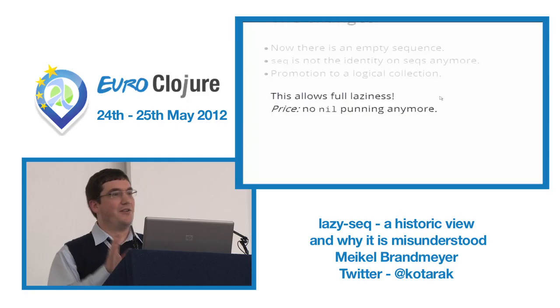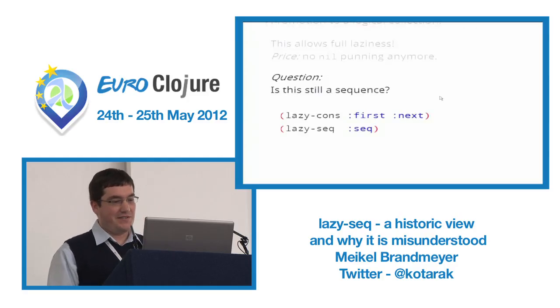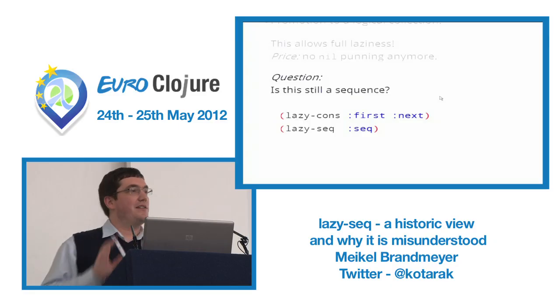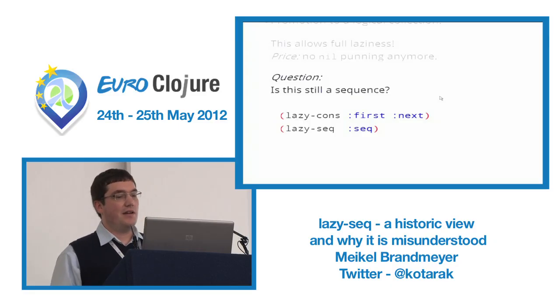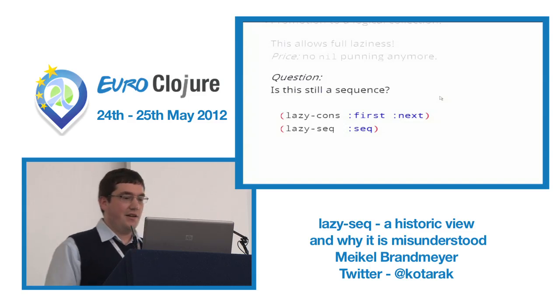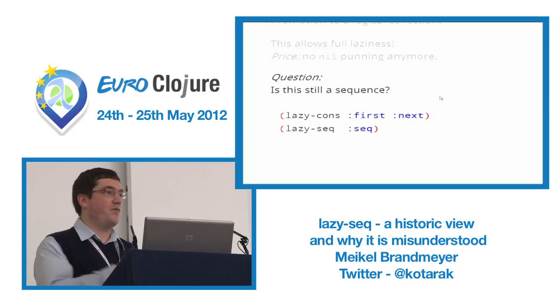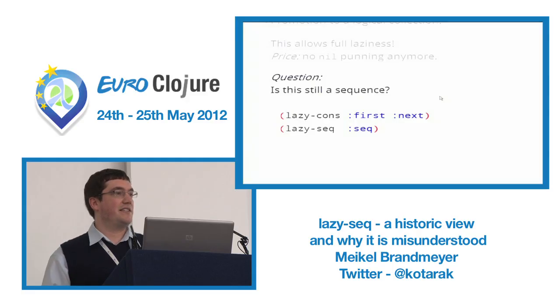And here I wander off a little bit into a minefield, because I don't quite understand why this is still a sequence. Why is lazy-seq still basically implementing first and next and rest? Because when we compare the two ways of calling things, we have lazy cons, which takes the first element and which takes the next element.